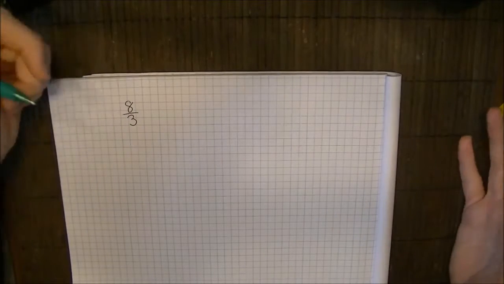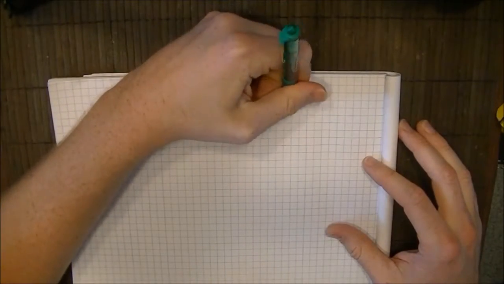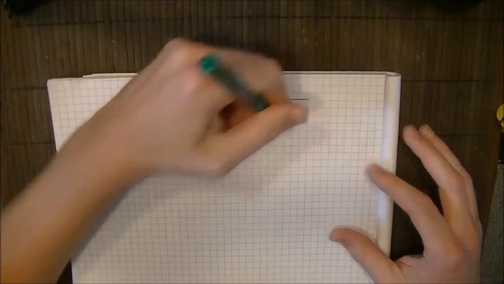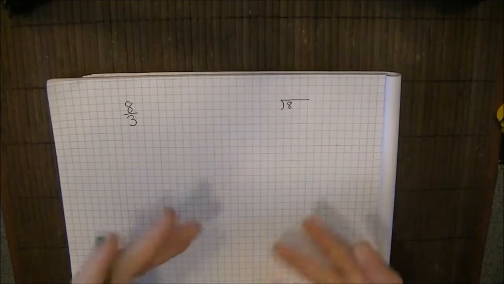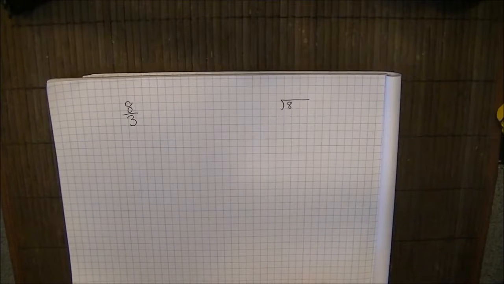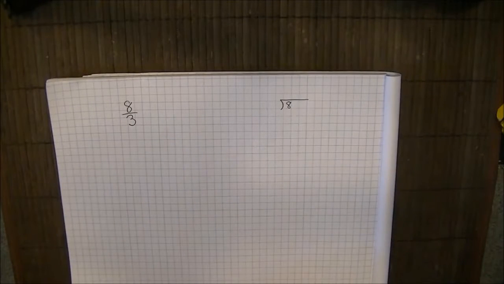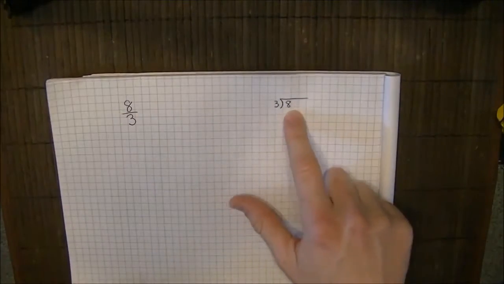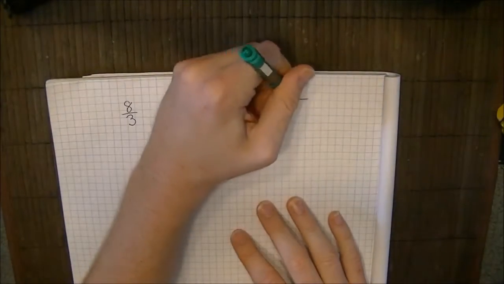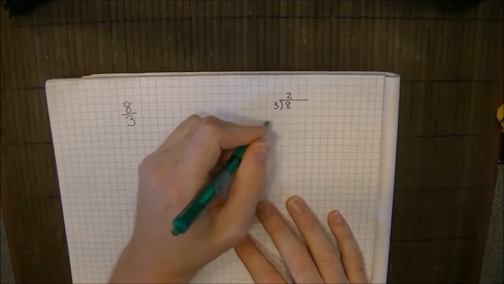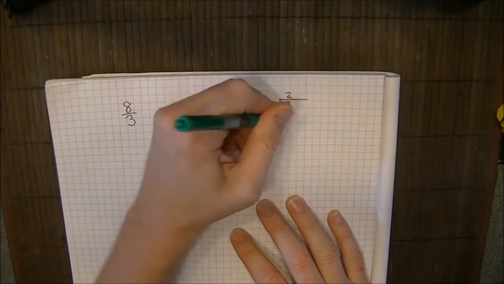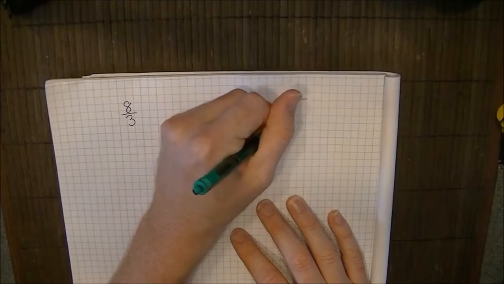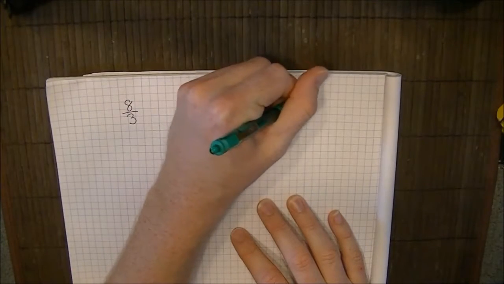The easiest way of doing that is division, right? I'm going to use the long division notation, but really we could pretty much get the answer without writing everything out long division style. But here we go. 3 goes into 8 twice. 2 times 3 is 6. 8 minus 6 is 2, so I have 2, remainder 2.